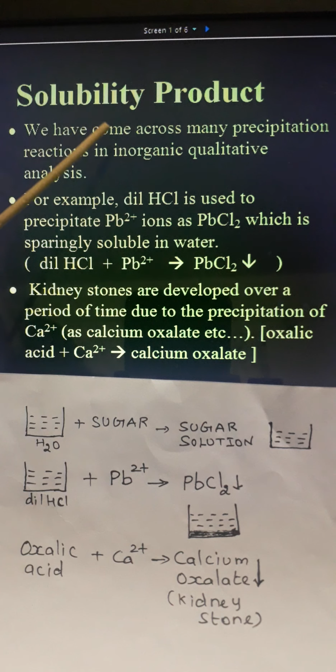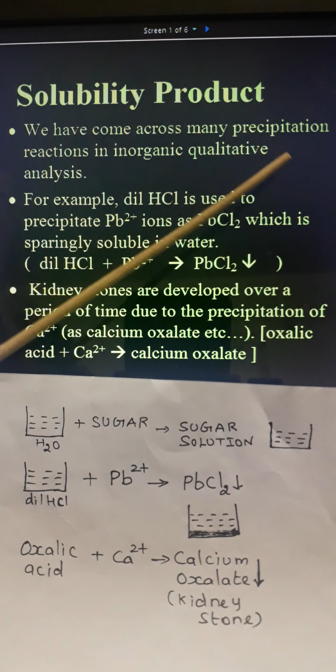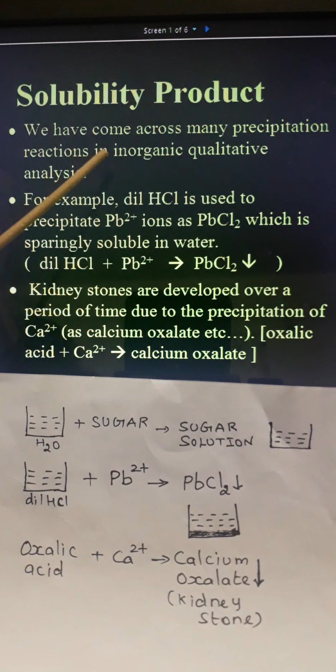We have come across many precipitation reactions in inorganic qualitative analysis. For example, dilute HCl is used to precipitate Pb2+ ions as lead chloride, which is sparingly soluble in water.